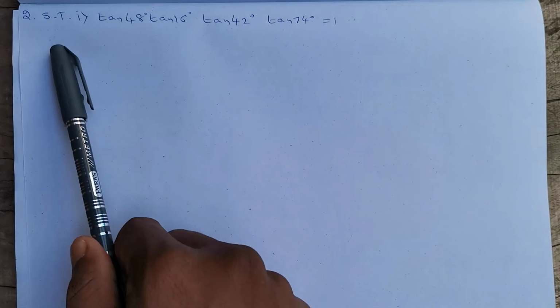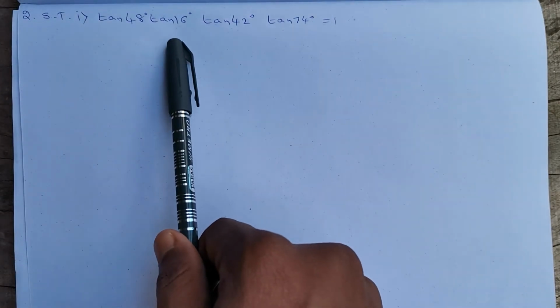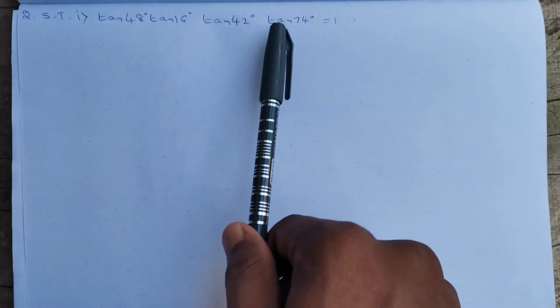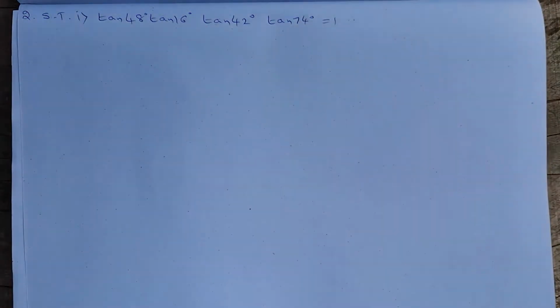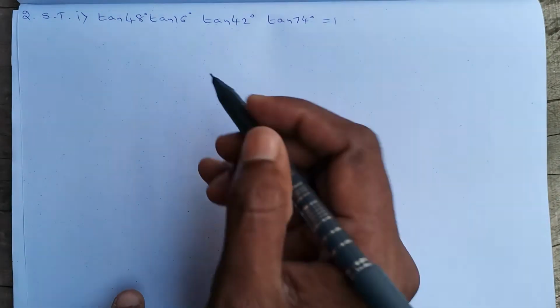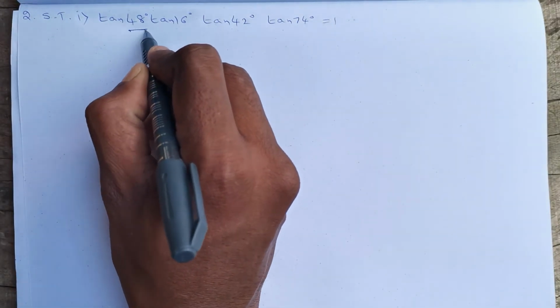In the second bit, first question: show that tan 48 into tan 16, tan 42 into tan 74 equals 1. Till now we did some problems where we have only two values, but in this case there are four angles. So the same first logic we will apply, that is, the sum of the two angles should be equal to 90 degrees.